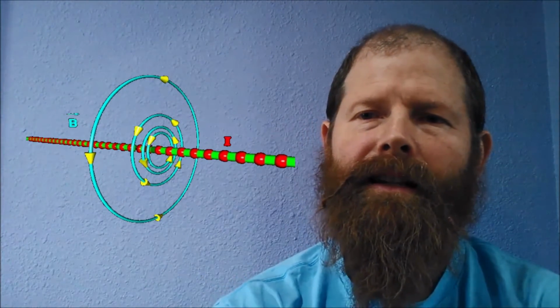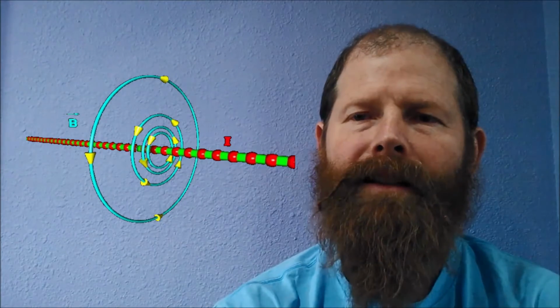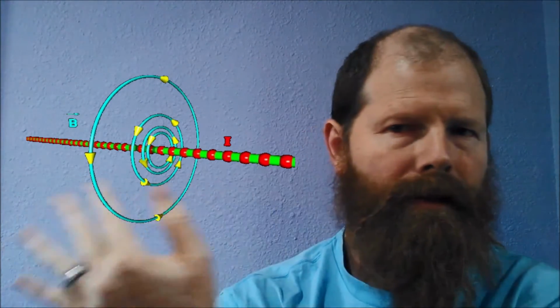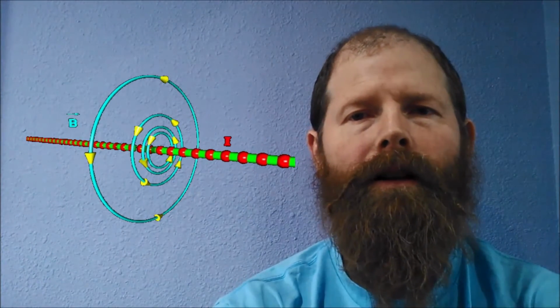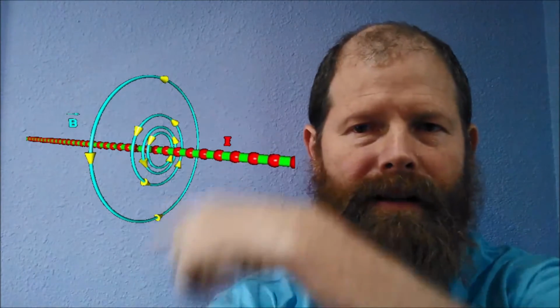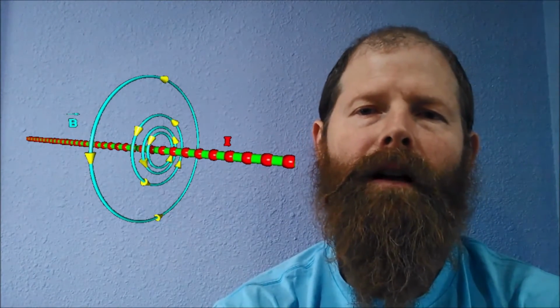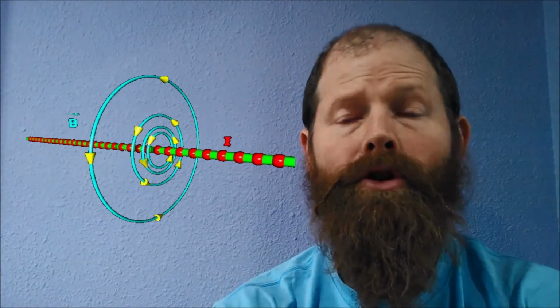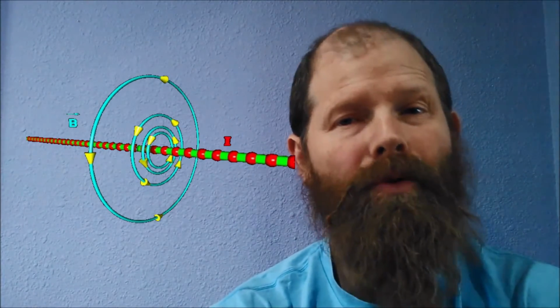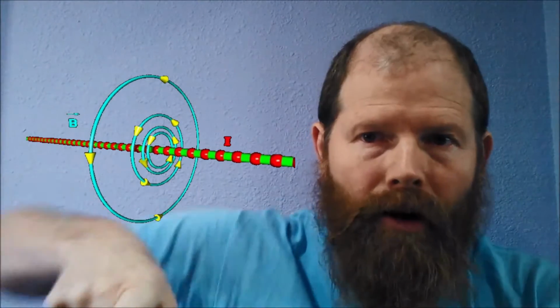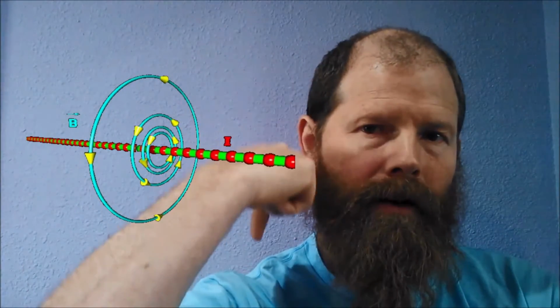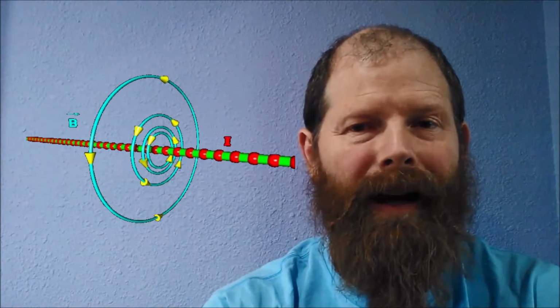You can see that as the current, which is these red and green dots, moving through a wire, create a magnetic field that we can see going around the wire here. So the question is, there are really only now two options left. Either it goes around the wire this way, or it goes around the wire this way. So those are kind of the two options that we have.